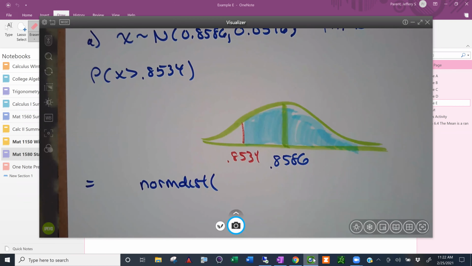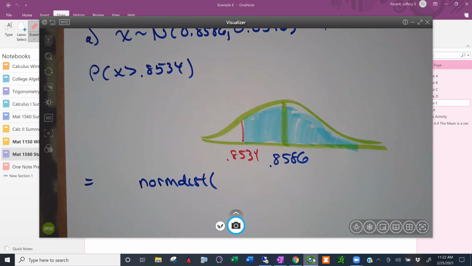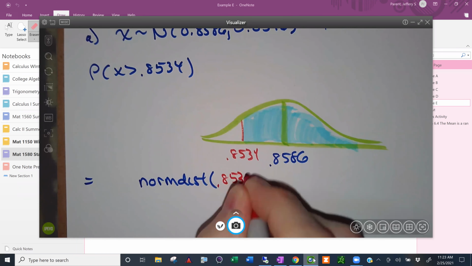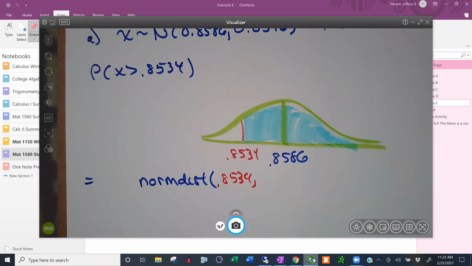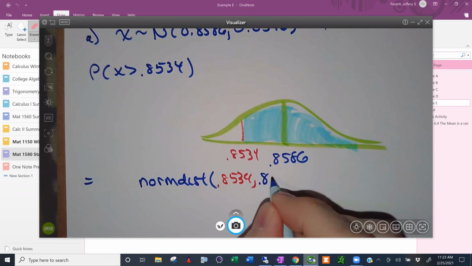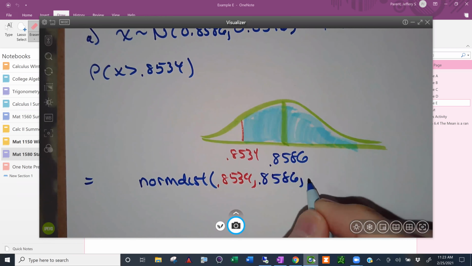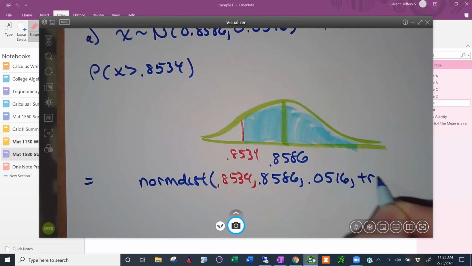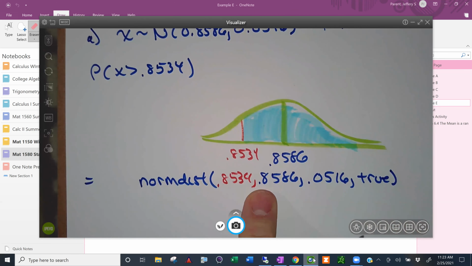What should I put in there? Someone help me out. 0.8534. Good. 0.8586. 0.0516. Excellent. And then 1 or true. True. Excellent.